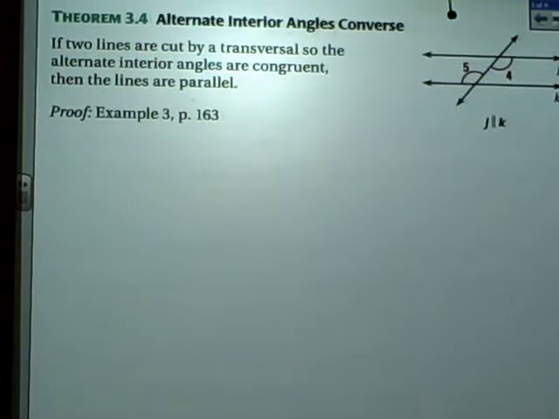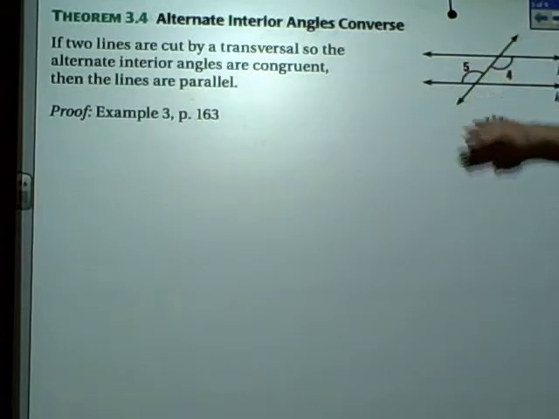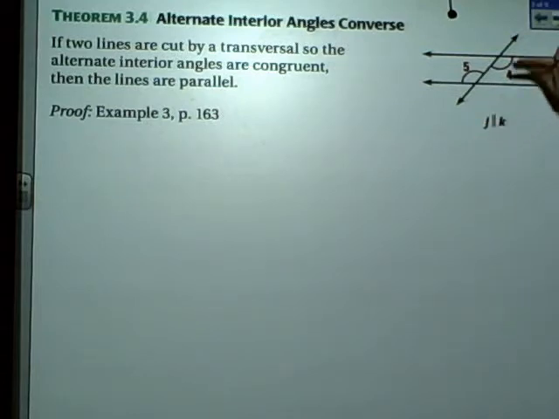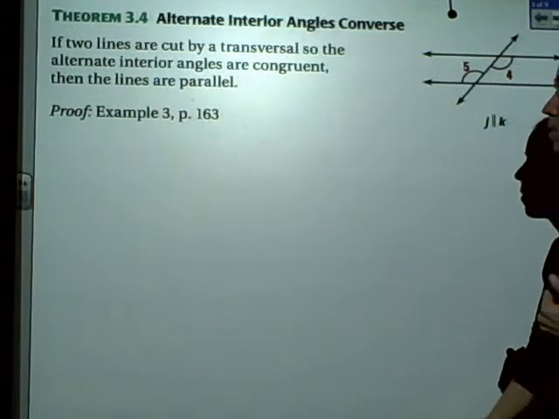Okay guys, now another theorem that we're going to talk about is the theorem that involves alternate interior angles. So again, we have those two lines cut by a transversal. Okay, when that happens, instead of corresponding angles, which were kind of one on top of the other last time, now we're talking about alternate interior angles.